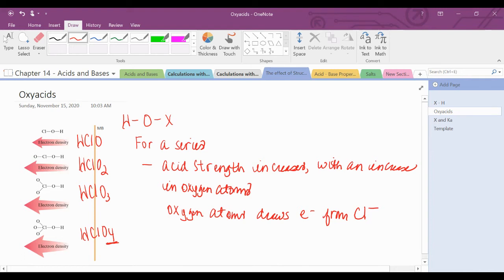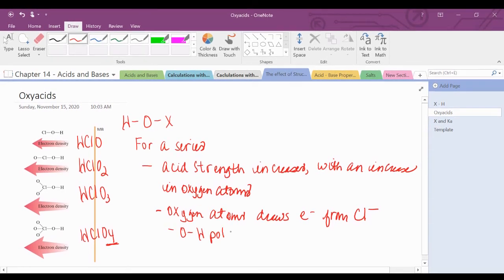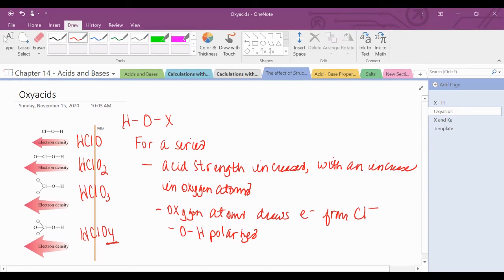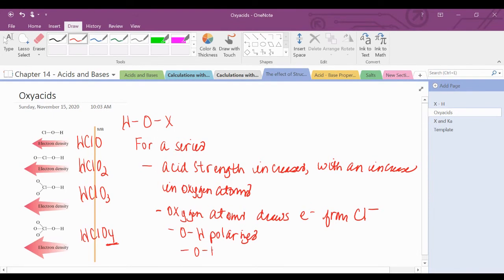As that oxygen atom draws the electrons away from chlorine, this polarizes the OH bond. So much so that that OH bond weakens. And as that OH bond weakens, the hydrogen can dissociate.